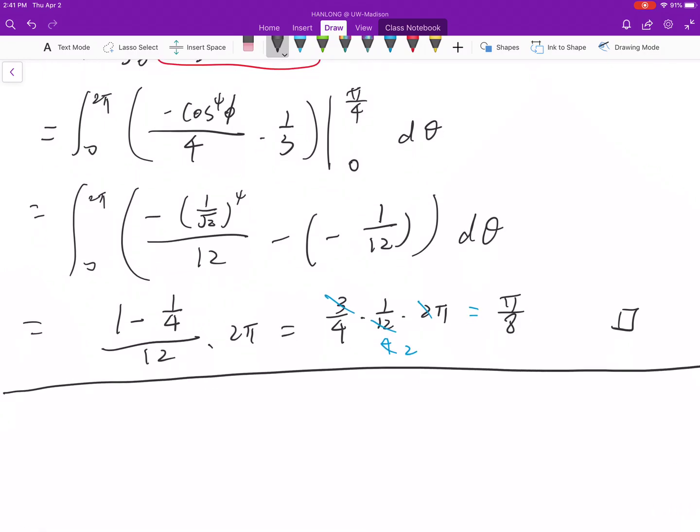Okay, due to time, I will leave the transformation to next time. Since the transformation is a little bit related to the second midterm, it's probably better to include it here.